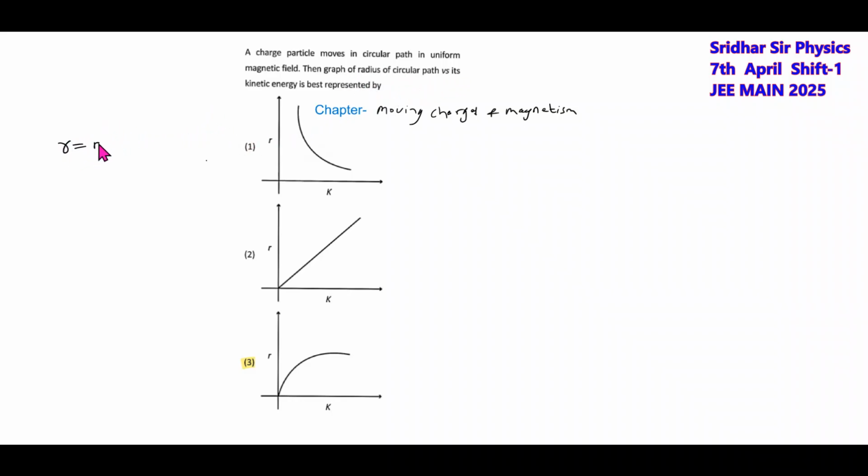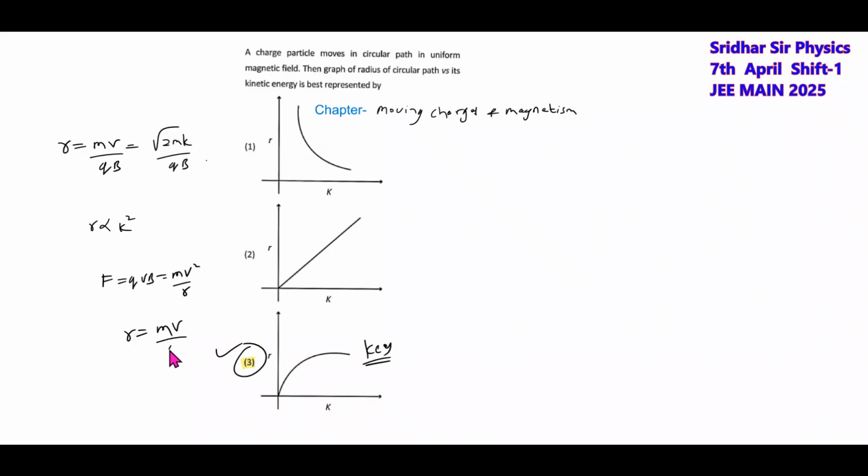We know the formula, and this momentum you can write in terms of kinetic energy. Now the graph of radius versus kinetic energy is being asked. So R will be proportional to root K, and this particular parabolic graph will represent it. Simple moving charges and magnetism: F equals qvB equals mv squared by R, solving for R gives mv by qB.